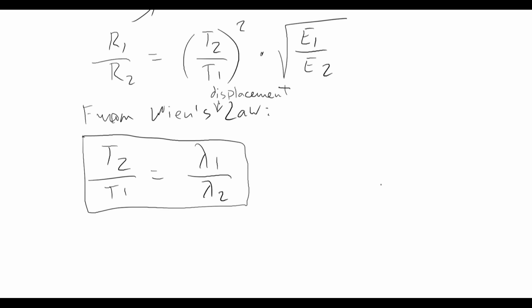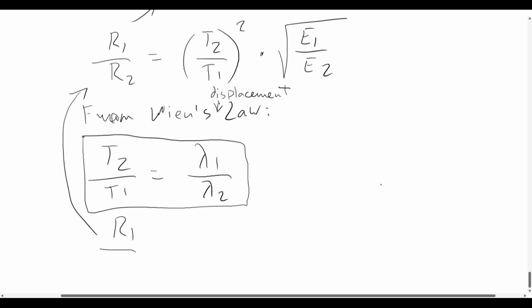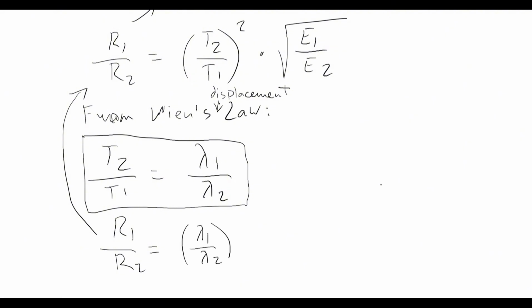Now we have everything we need. From this, we can find R1 over R2. R1 over R2 equals (lambda 1 over lambda 2) squared times the square root of E1 over E2.